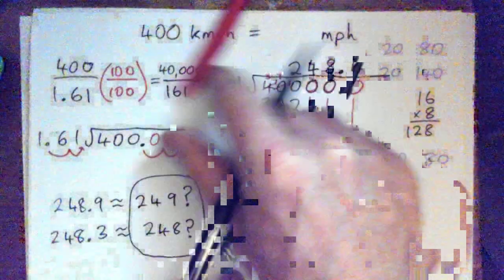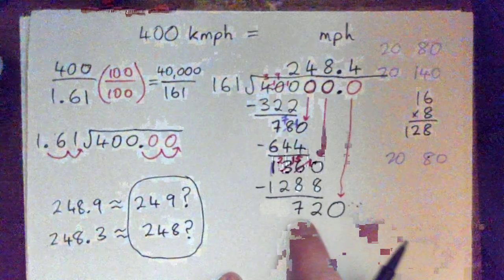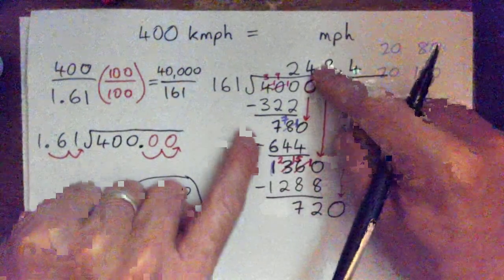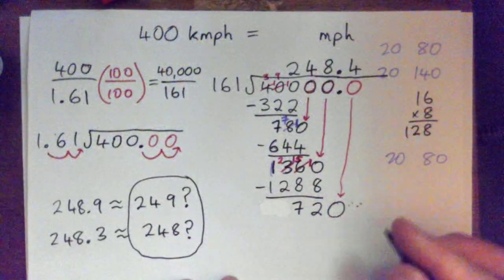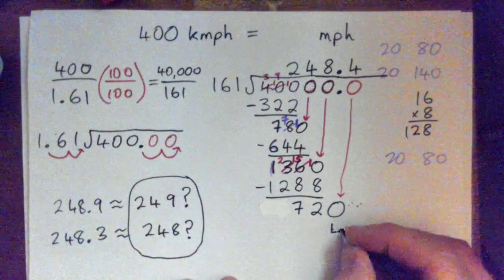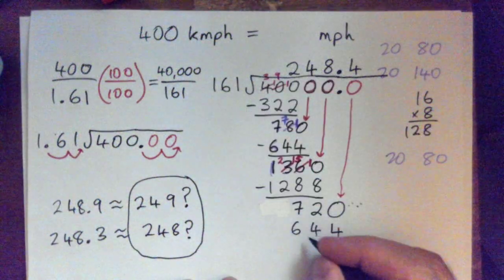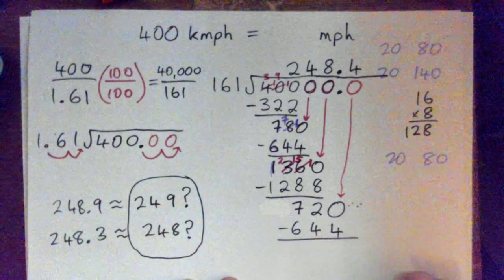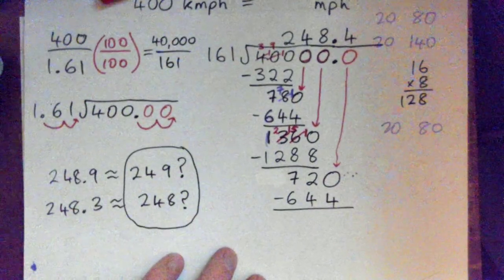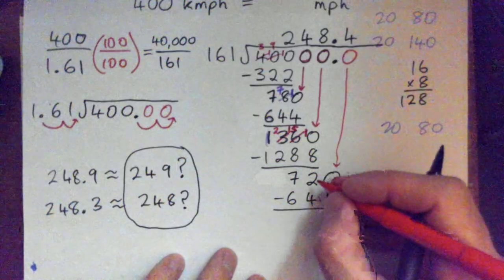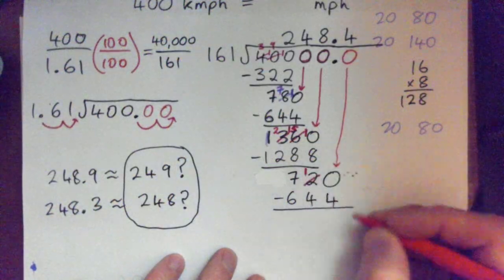4 times 161 gave 644, and that should work here. 644 should be good, right? Yeah. Right. So, again, 4 times 1, 4. 4 times 6, 24. Carry 2. 4 times 1 is 4, and 2 is 6. So guess what? We got 644 again. And now subtract. So again, we got to borrow. That 2 becomes a 1.